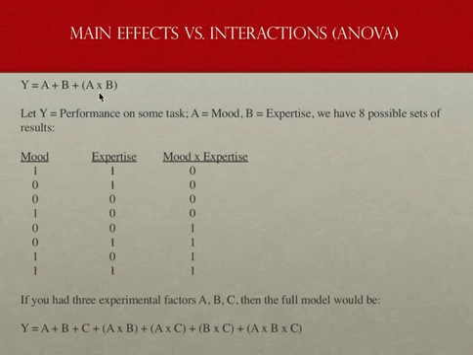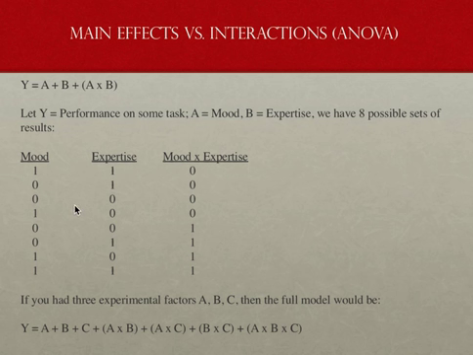So as I said, we have y is a function of A and B and the interaction between A and B. And so here what I've written is all of the possible statistically significant effects that could come from an ANOVA. And again, bear with me, you may not know at this point what I mean.